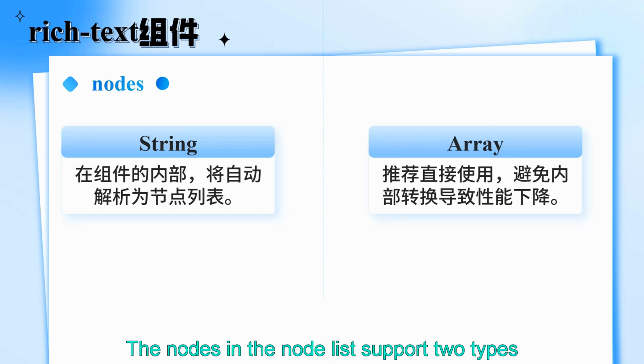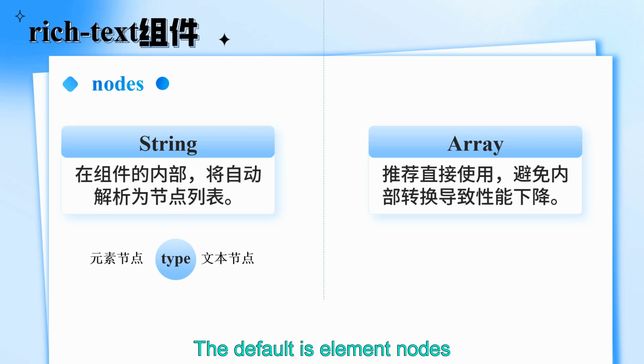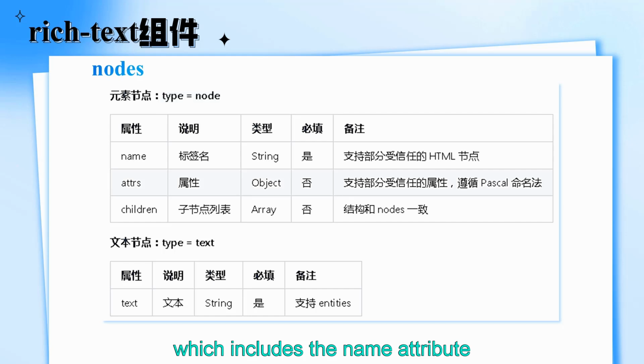The nodes in the node list support two types, differentiated by the type attribute as either element nodes or text nodes. The default is element nodes. When type equals node, it represents an element node, which includes the name attribute, indicating the tag name.